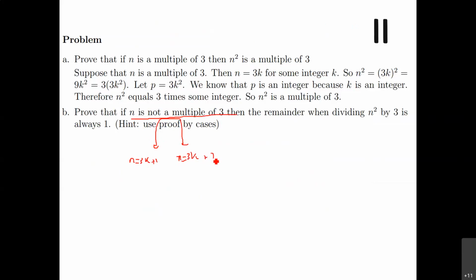I use k because that's usually what we use, but you could use other names for it. Then the remainder when dividing n squared by 3 is always 1. Hint: use proof by cases, so this case and this case.